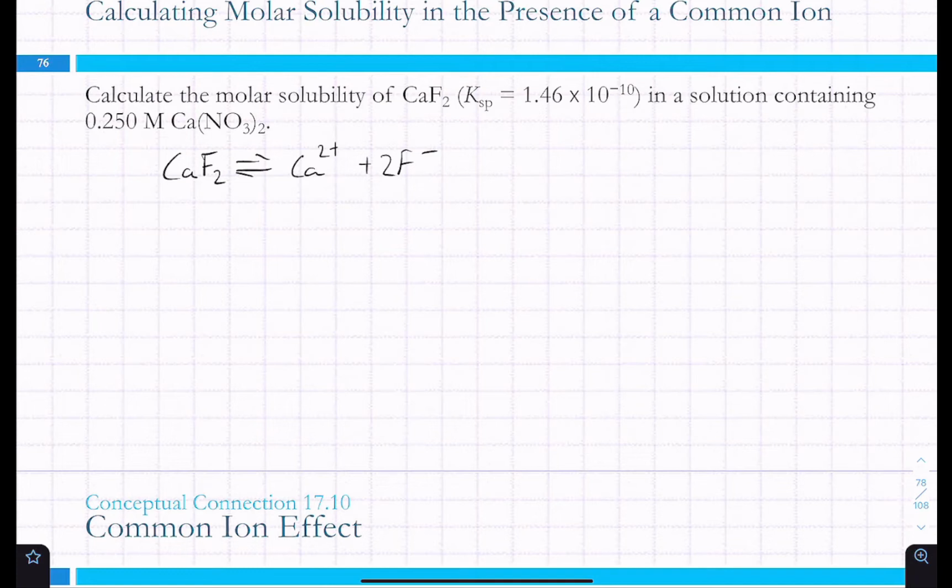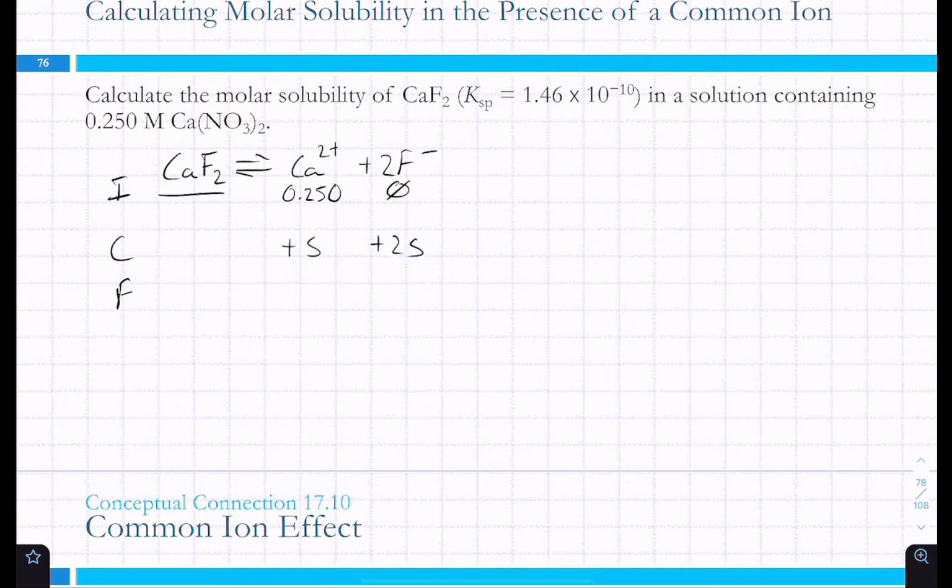And now instead of starting out with 0 calcium ions, we're starting off with 0.25 molar calcium. And then 0 fluoride. So that's our initial. We don't need this. So our change is still going to be plus S for calcium, plus 2S for fluoride.